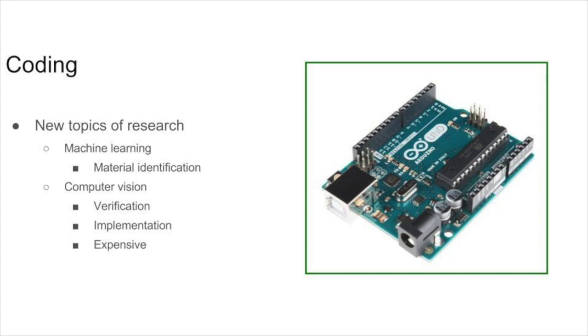On this slide, I will be discussing the coding subsystem progression. The topics we have chosen to look into this semester have changed to computer vision and machine learning applications. We have decided to put the progression of the data processing on hold till the sensor research is closer to completion. For machine learning, we will be looking into implementing some sort of material identification, and for computer vision, we will be using it as a secondary verification method.